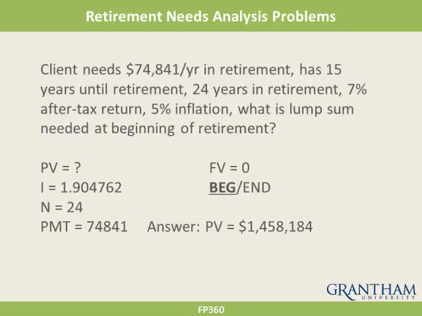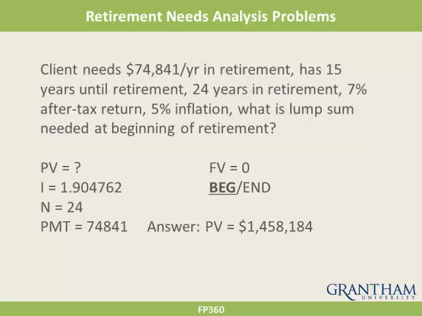Here's a very common type of retirement needs analysis calculation, and that is computing the amount that is needed on day 1 of retirement. Maybe you've seen some commercials where people are carrying around their number, and that's what we're looking for here, is that big number that they need to generate all the retirement income for themselves in retirement.